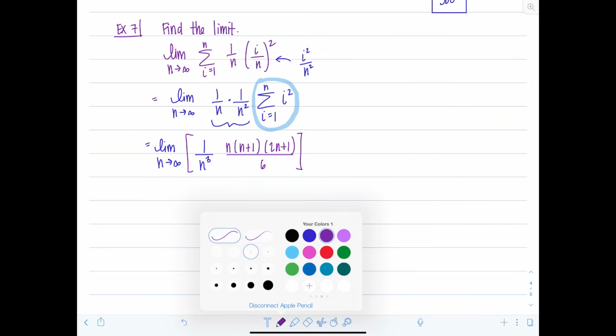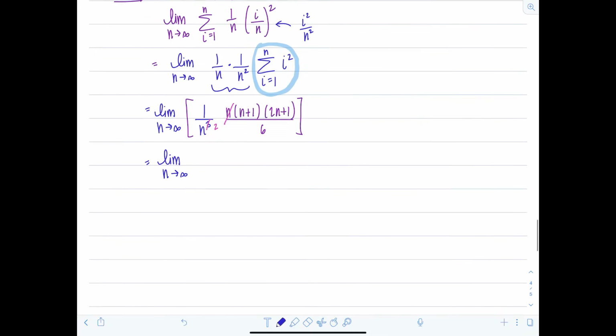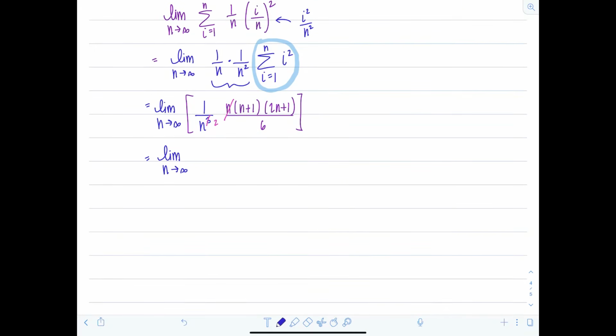Okay, first let's start off by cleaning up a little bit. I can cancel out one of the n's. So now this is n squared in the denominator. And then I'm going to have the limit as n approaches infinity. Now let me multiply out what's left in the numerator, just (n plus 1) and (2n plus 1). That's going to give me (2n squared plus 3n plus 1) over 6n squared.